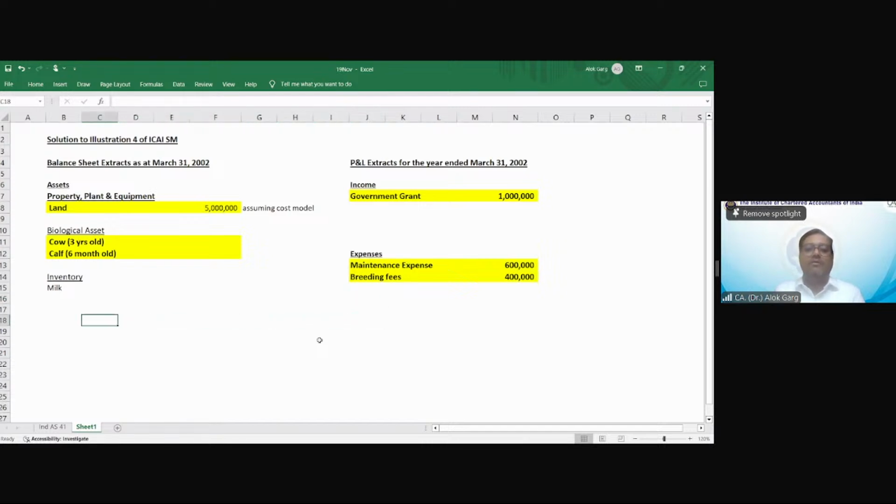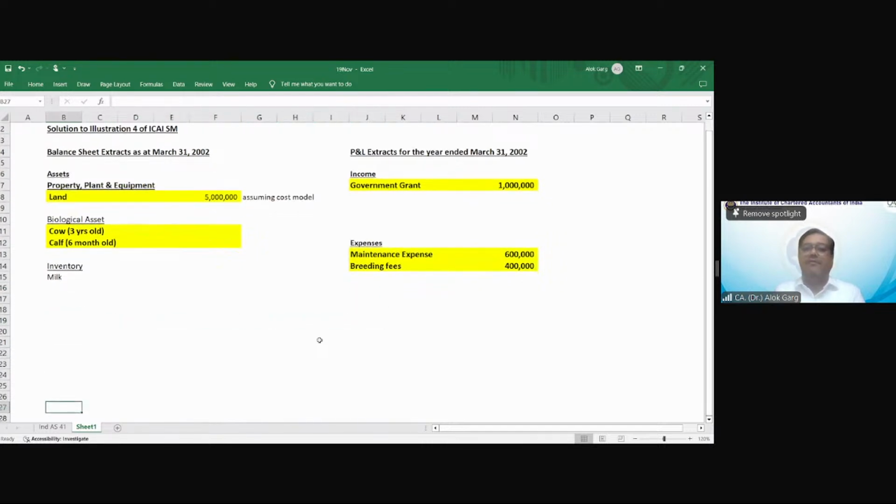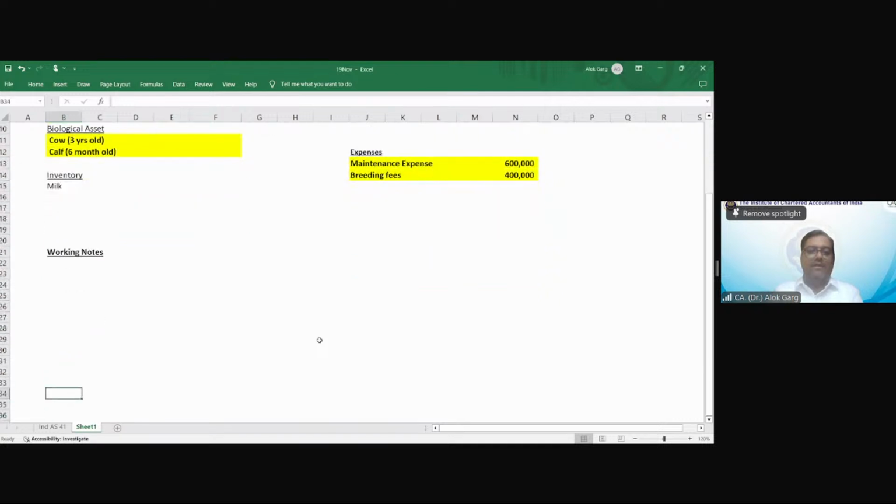So now I have to fill in the blanks. I have to do the accounting of biological asset and milk as well, so I have to prepare some working notes. In this question, on 1st April 2001, the cow was purchased.